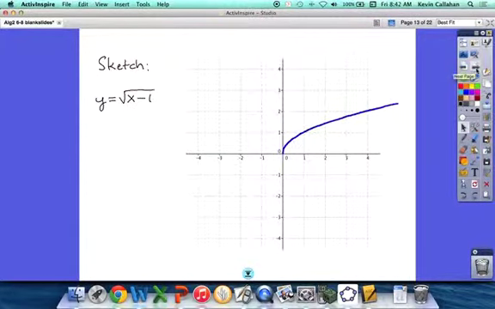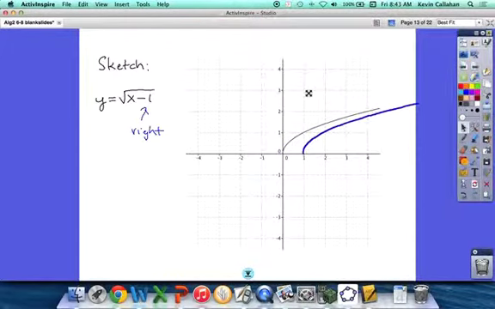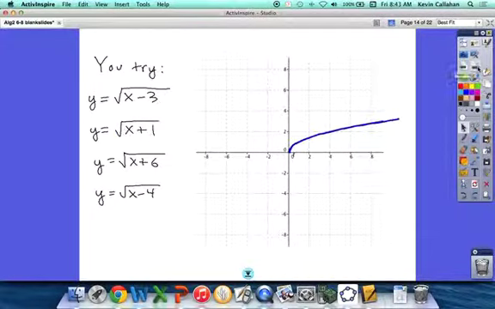Okay, what about that one? Right 1. So grab the graph, right 1. Good. Everybody all right with that? Left and right: plus means left, minus means right. All right, so try those 4.